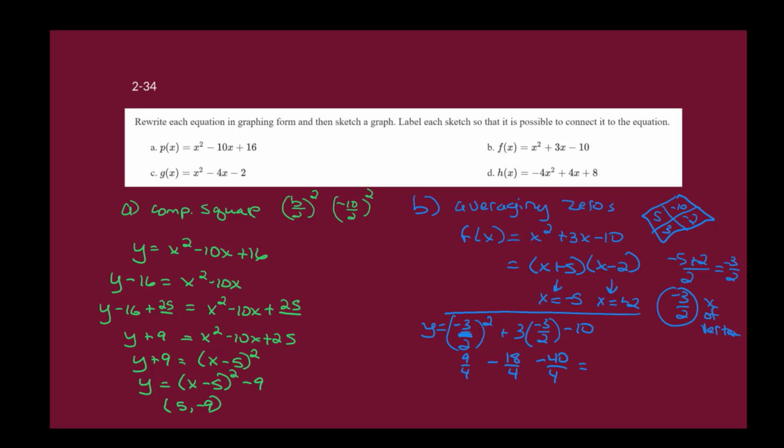Then I just combine all of the numerators on top. And that's going to be 9 minus 18, which is -9, minus 40 is -49 over 4, which is -12.25. So our vertex, if you could follow along with all of that, that's the y of our vertex, is, let me write that over here.